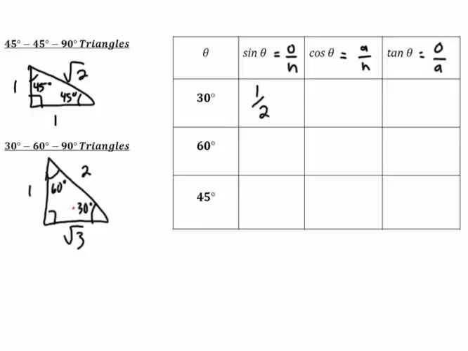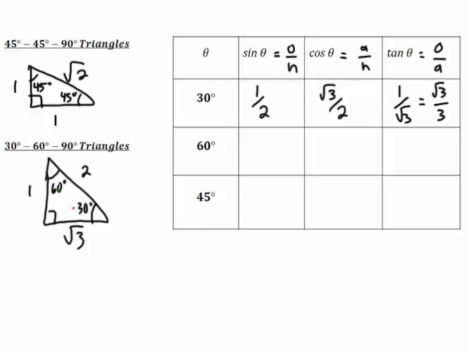Well, the cos of 30 degrees would be adjacent, root 3, over 2, and the tan of 30 degrees would be opposite over adjacent, 1 over root 3, which we often write as root 3 over 3 with a rationalized denominator.